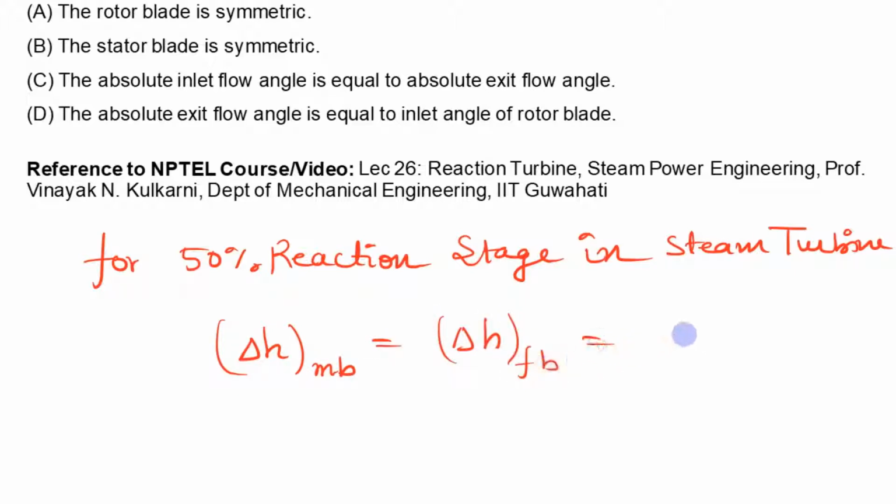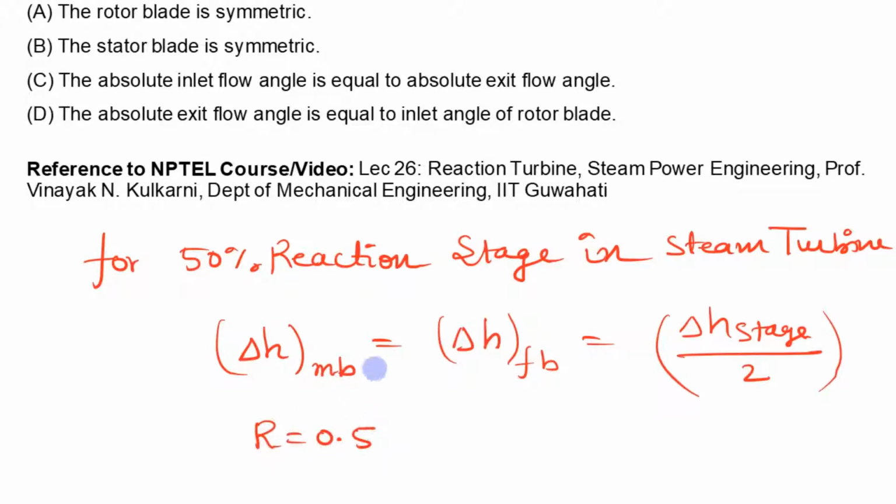Okay, and that is equal to the enthalpy drop in the total stage divided by 2, right? And this type of turbine, let's say R is 0.5, that's the reaction stage of the steam turbine, and this type of turbine is called Parsons turbine.